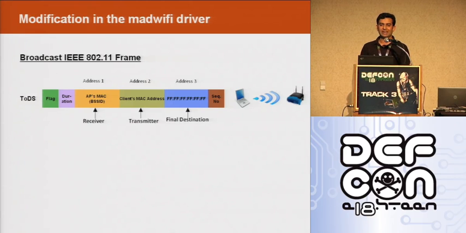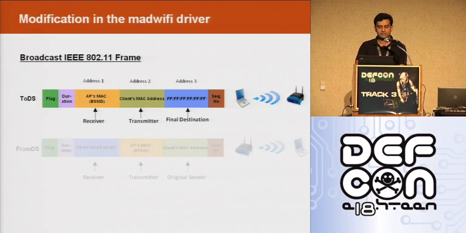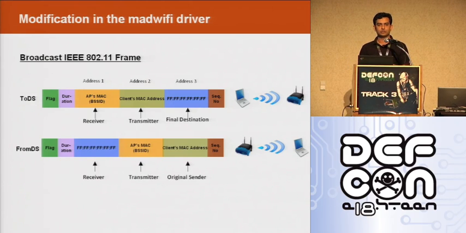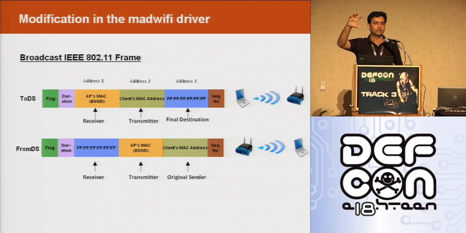When a client sends a packet to the access point, it is called a To DS frame, okay? From client to access point, an uplink packet. And when the access point sends a packet to the client, it is called a From DS packet, a kind of downlink packet. And there is a field present in the frame which indicates the direction of the frame, whether it's going from client to access point or coming from access point to client, okay?